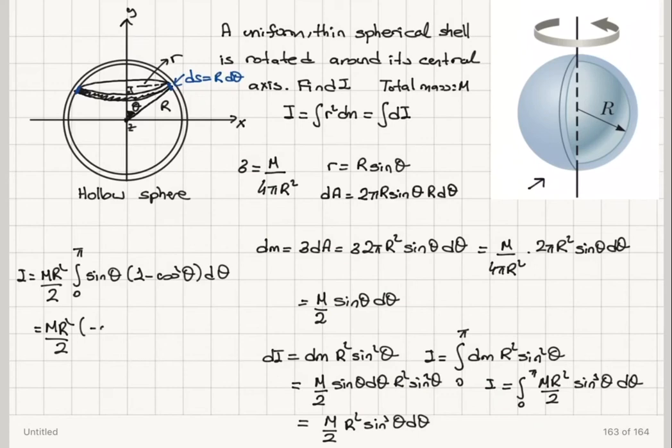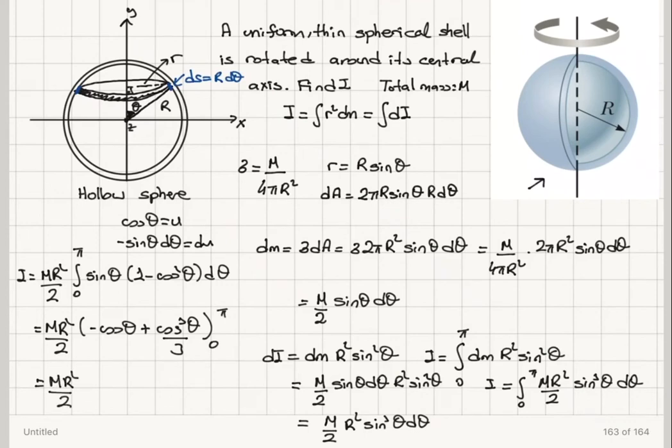The integral of sine theta d theta is minus cosine theta, and the integral of cosine square theta minus sine theta d theta, that is like if you call cosine theta is u, minus sine theta d theta is du. So you will notice that this is integral u squared du, and you have u cube over 3 as the answer. So this will be plus cosine cube theta over 3 evaluated between 0 and pi.